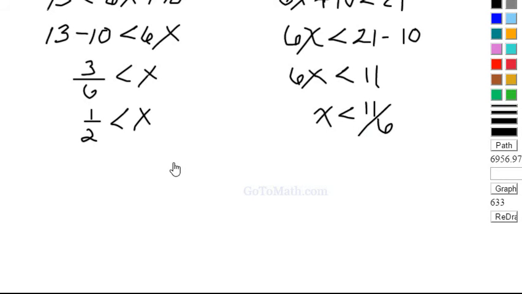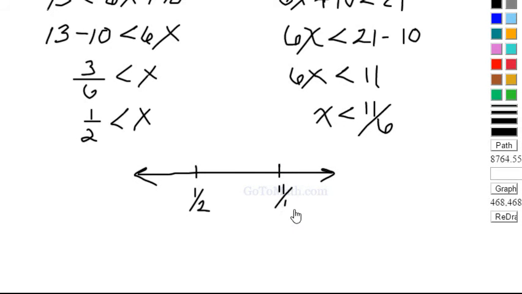And of course, I think what we've been doing is drawing a number line. So let's just go ahead and do that. x is greater than a half, so I'm going to say the half is here, 0.5, and then this is 1 point something. x is less than, so we'll say this is 11/6 here.